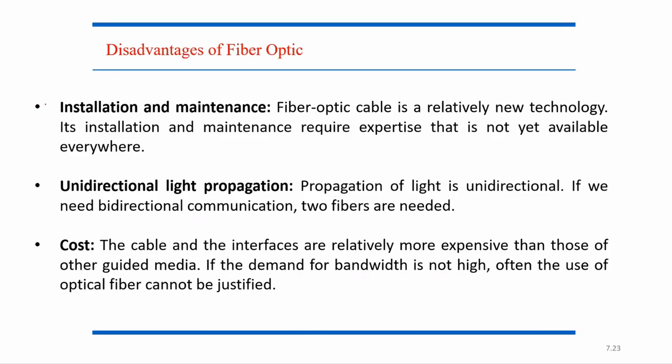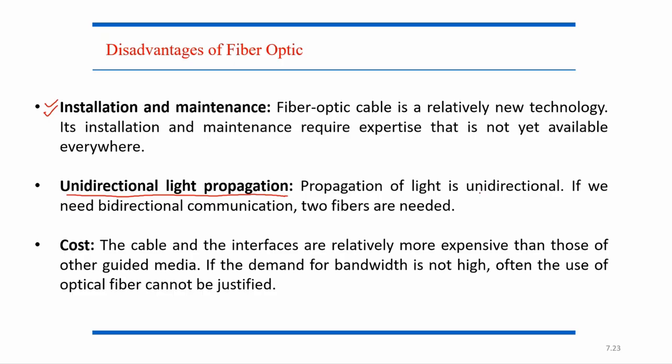Disadvantages are installation and maintenance. Optical fiber cable is a relatively new technology, and its installation and maintenance require expertise that is not yet available everywhere, so it is very complex. Another is unidirectional light propagation. Light can be transmitted in only one direction; it cannot be diverted into two different directions.